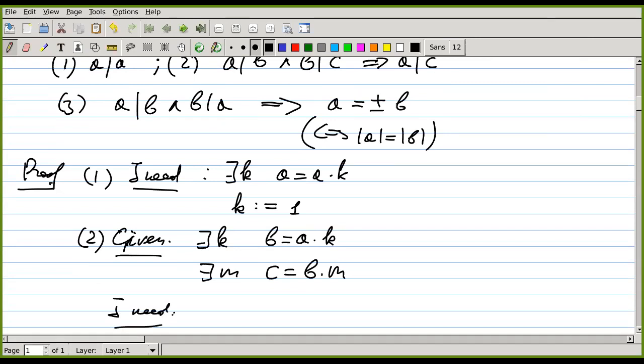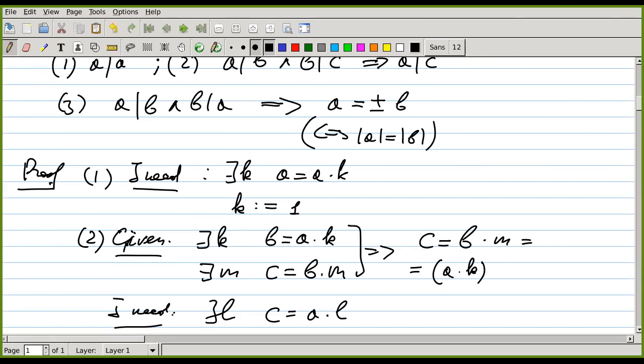And I need to construct some number L so that C equals A multiplied by L. How is it possible to do so? First of all, we notice that C equals B multiplied by M, and then substitute this expression for B here. So we have A multiplied by K multiplied by M. Is it clear?